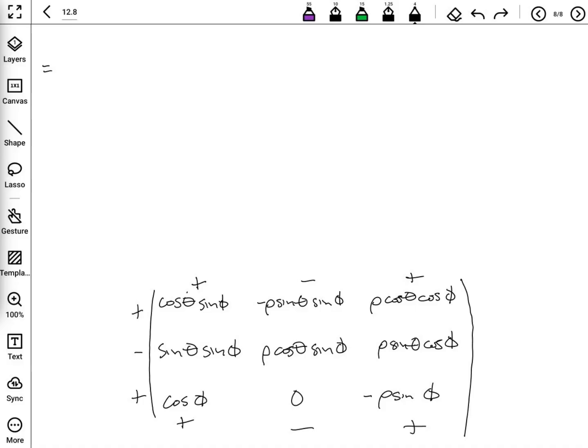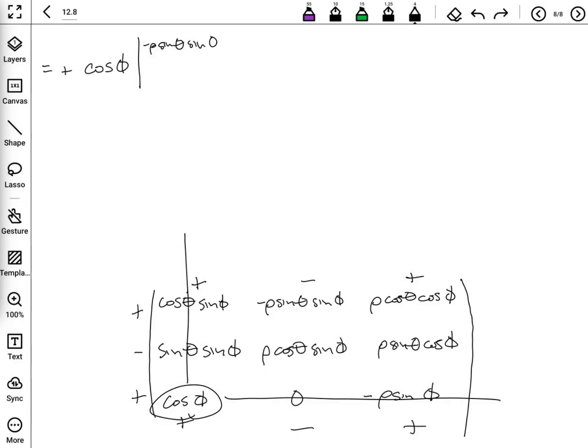But for this determinant process, I'm going to start with that cosine phi entry. It's a plus. And then I'm going to ignore everything that's in the same column or row, and I'll take a determinant of what's left over. My minus rho sine theta sine phi, rho cosine theta cosine phi, rho cosine theta sine phi, and rho sine theta cosine phi.